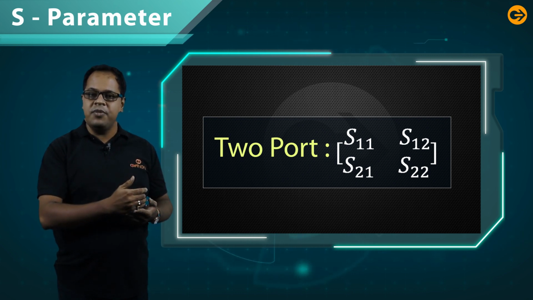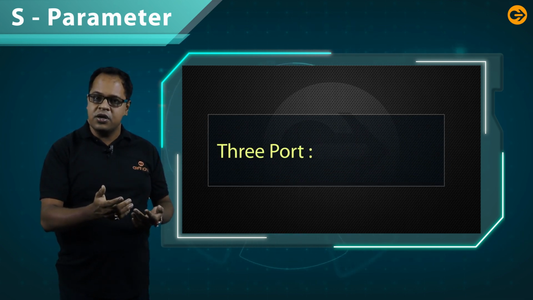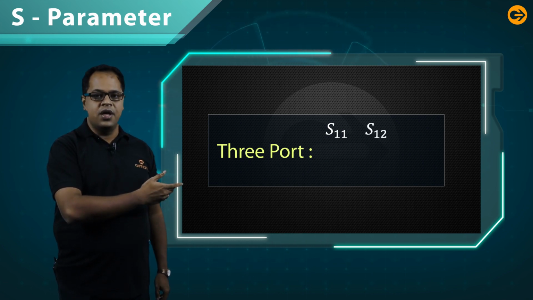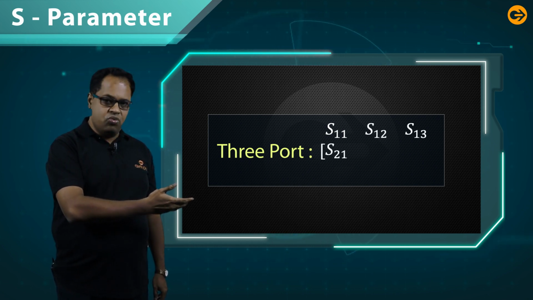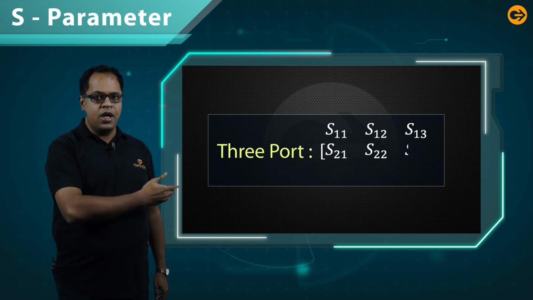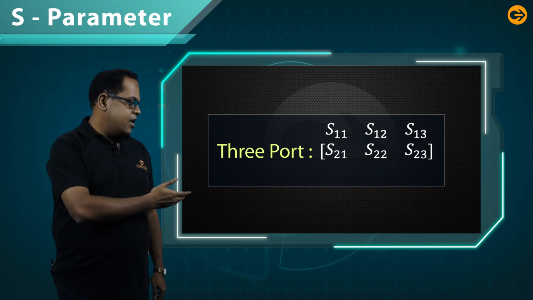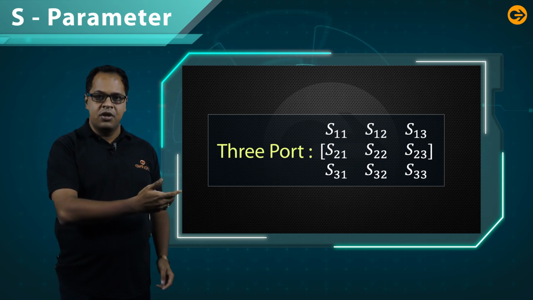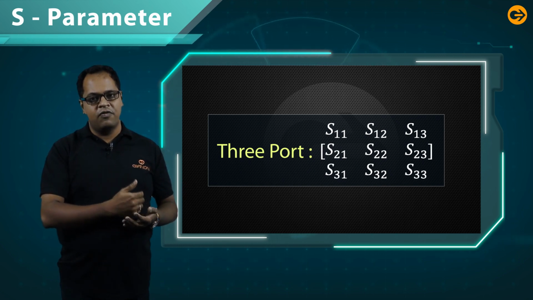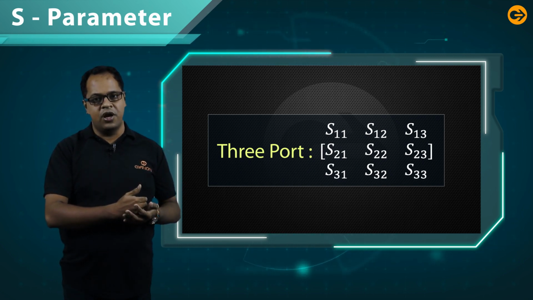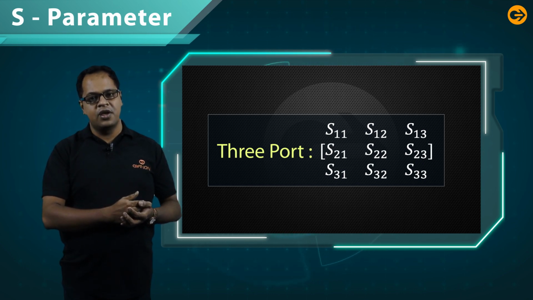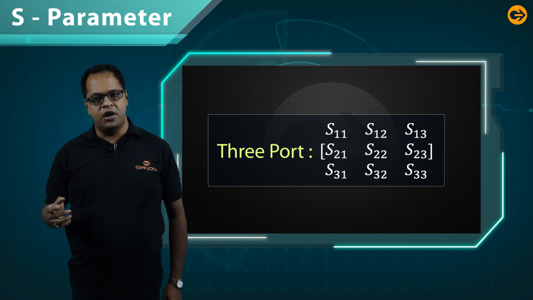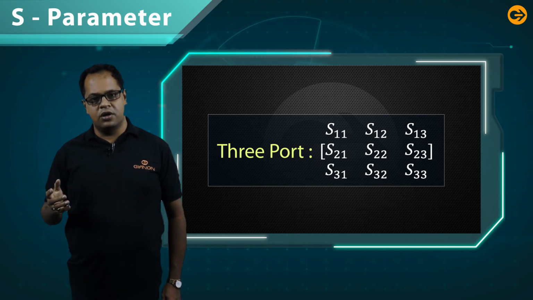What is the S parameter for a 3 port network? It will be S11, S12, S13, S21, S22, S23 and S31, S32 and S33. Now obviously you can form it for a 4 port network, for a 5 port network, and we have already discussed the n port network. Let us discuss the S parameter for a 2 port network.